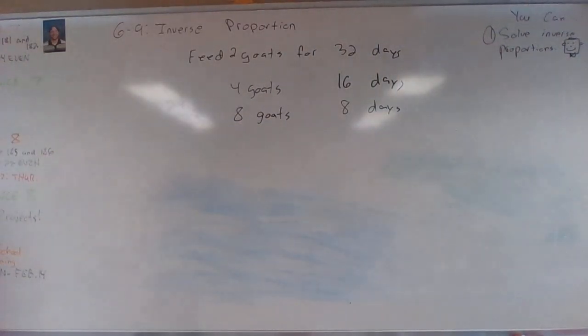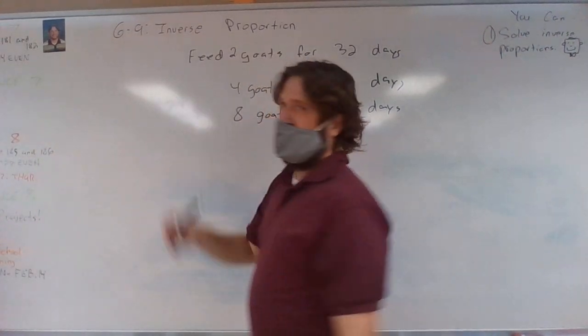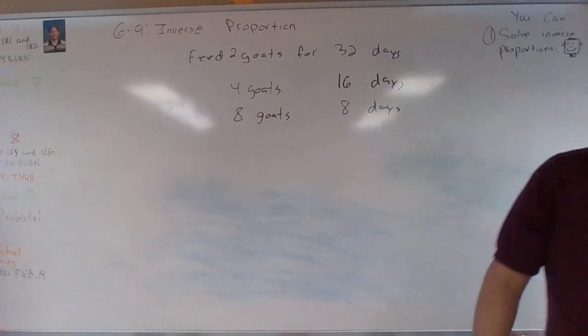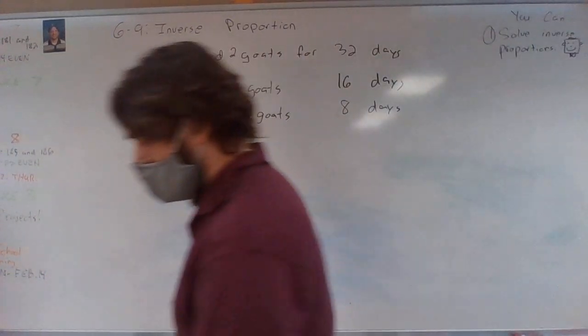So as you can see here, as the number of goats increases, the number of days of food I have for the goats decreases. So this is an example of what an inverse proportion would look like.